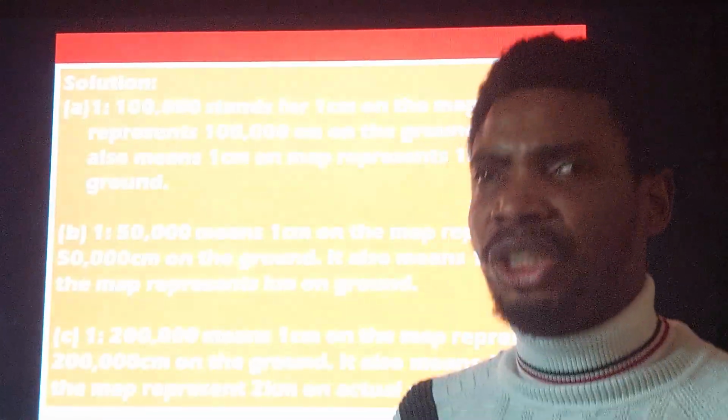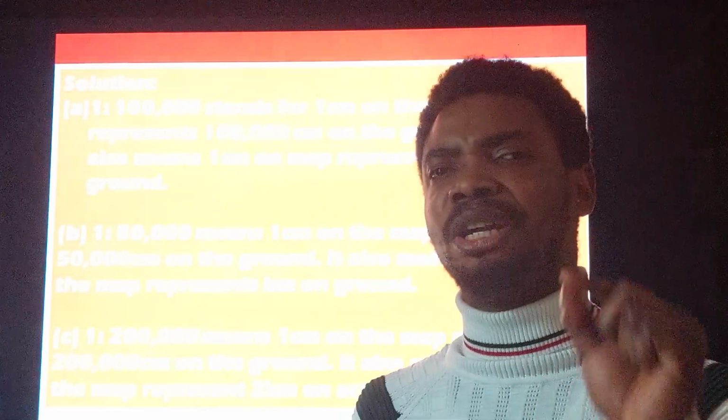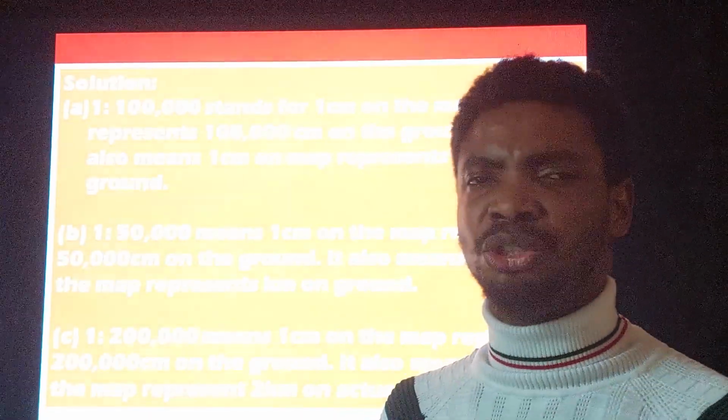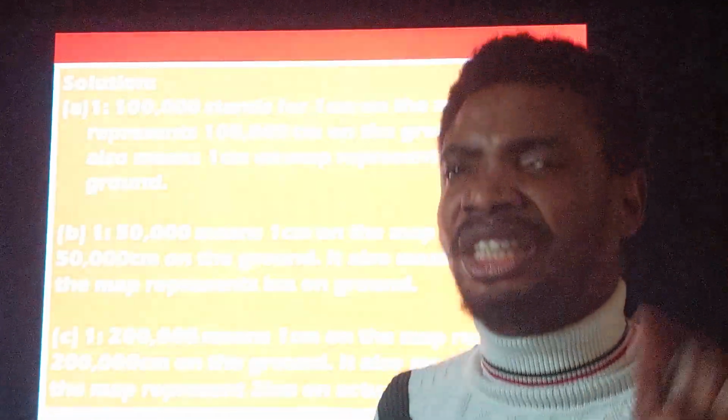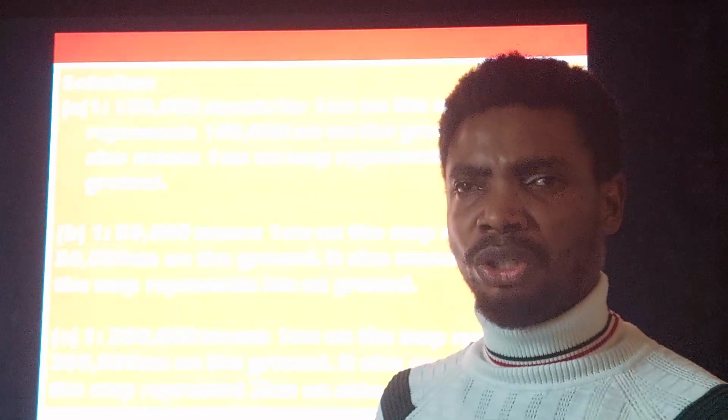So when you see 1:100,000, it means that any 1 centimeter you measure on the map represents 100,000 centimeters on the ground. And because 100,000 centimeters is equal to 1 kilometer, it means that every 1 centimeter you measure on the map represents 1 kilometer on actual ground distance.